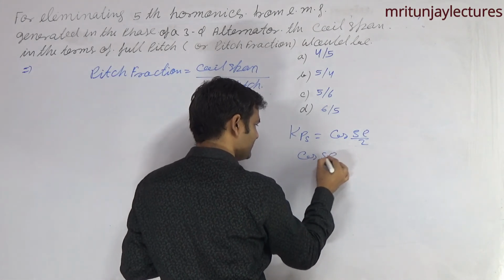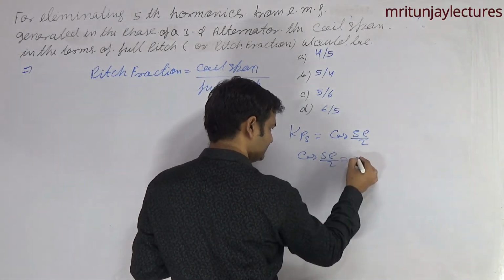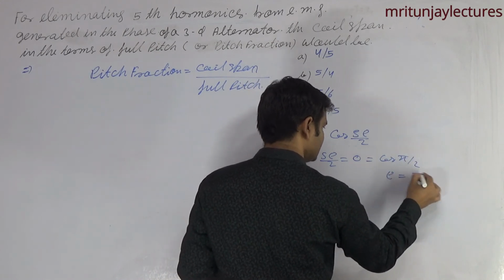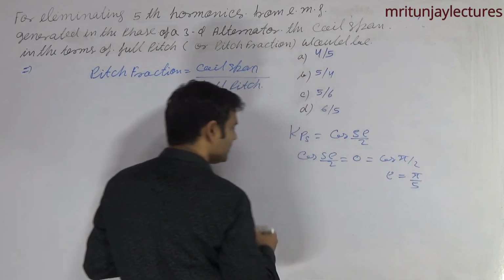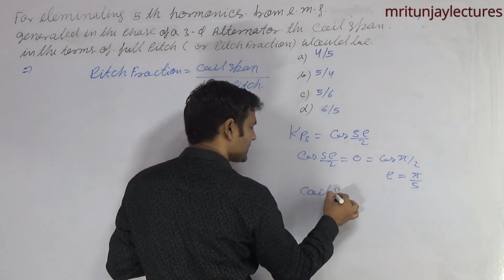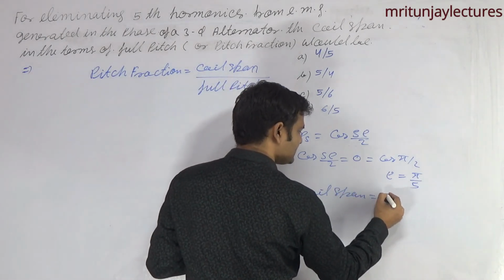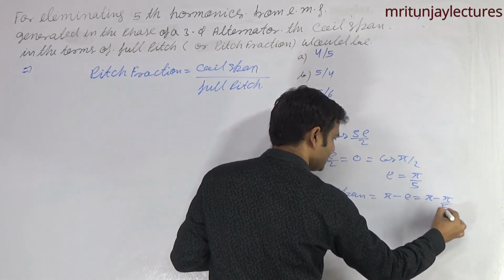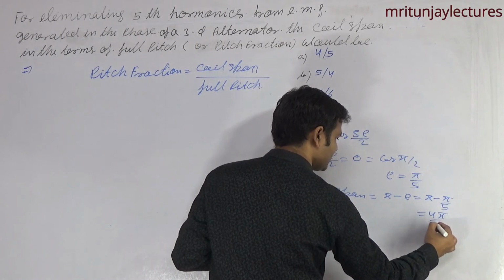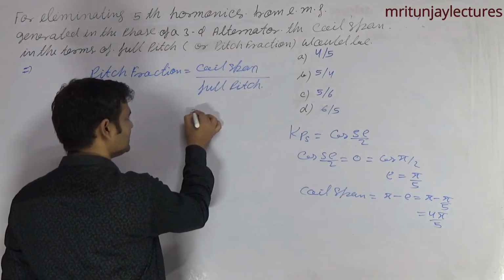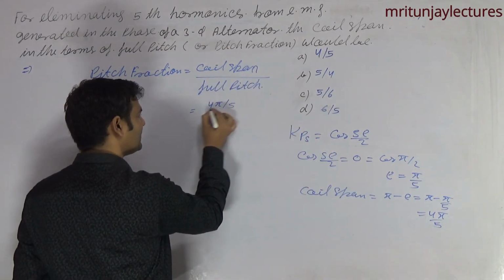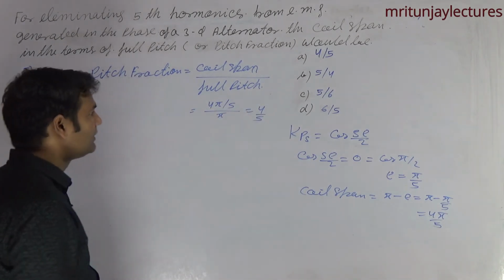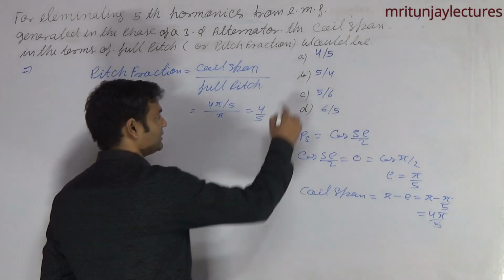If the fifth harmonic is eliminated, that is 0. What about rho? That is pi by 5. What about coil span? Coil span is pi minus rho, so pi minus pi by 5, that is 4 pi by 5. This is also written as 4 pi by 5 divided by pi, that is 4 by 5. A is the correct option. Make it.